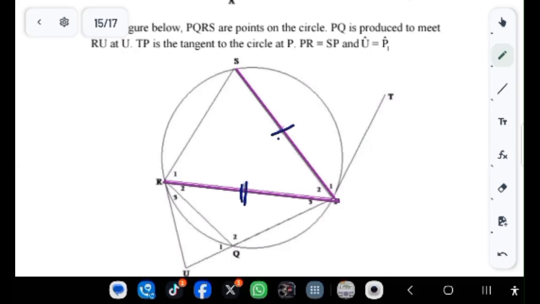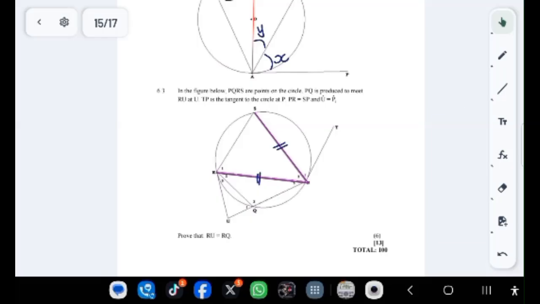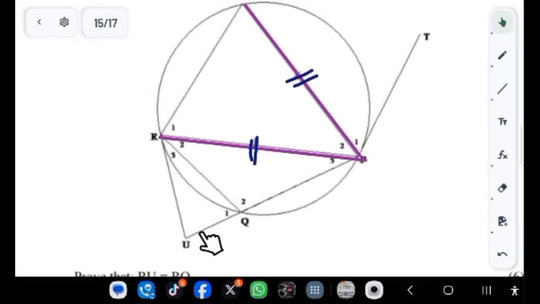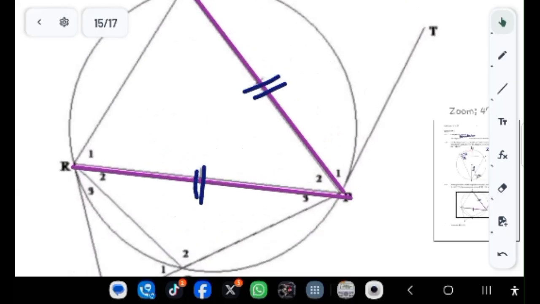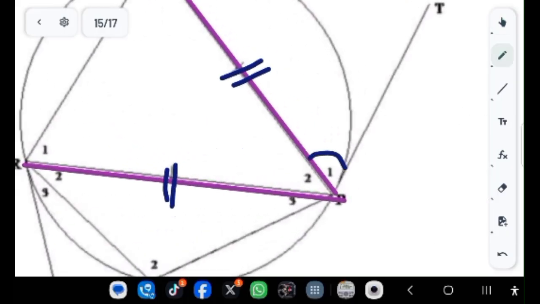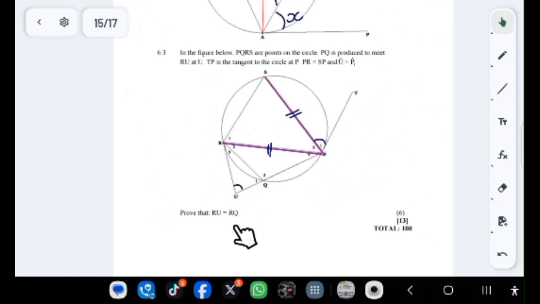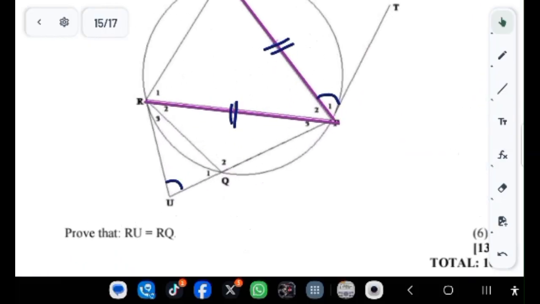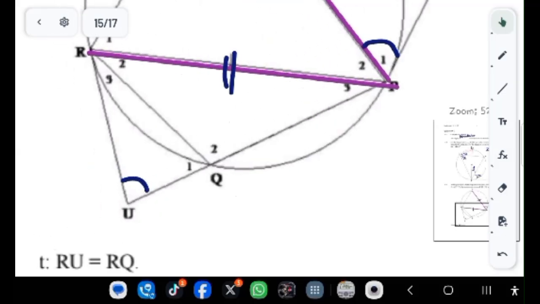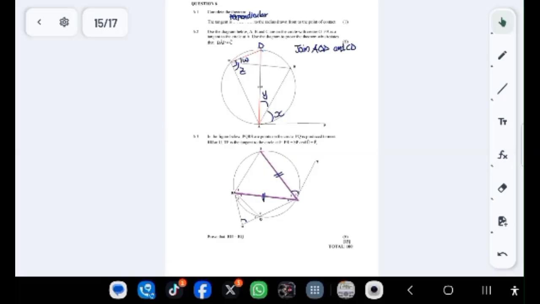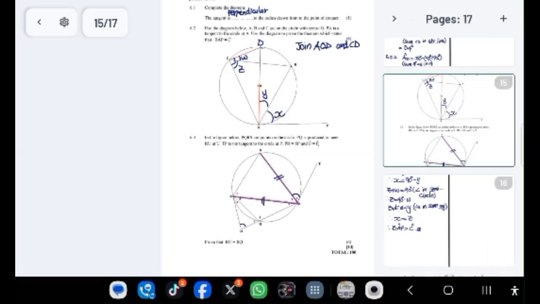And angle U equals angle P1. Prove that RU equals RQ. All we need to do is to prove that angle Q1 equals angle U. That's the goal. That is 6.3.